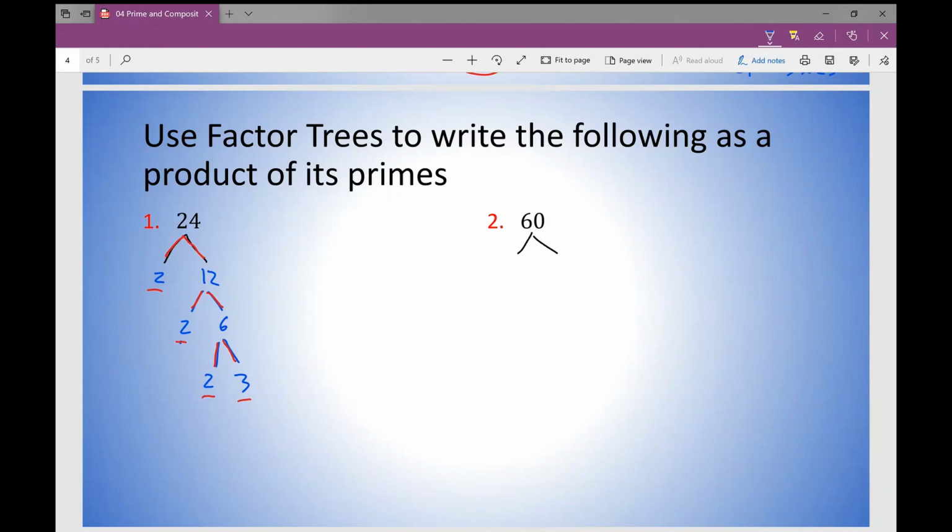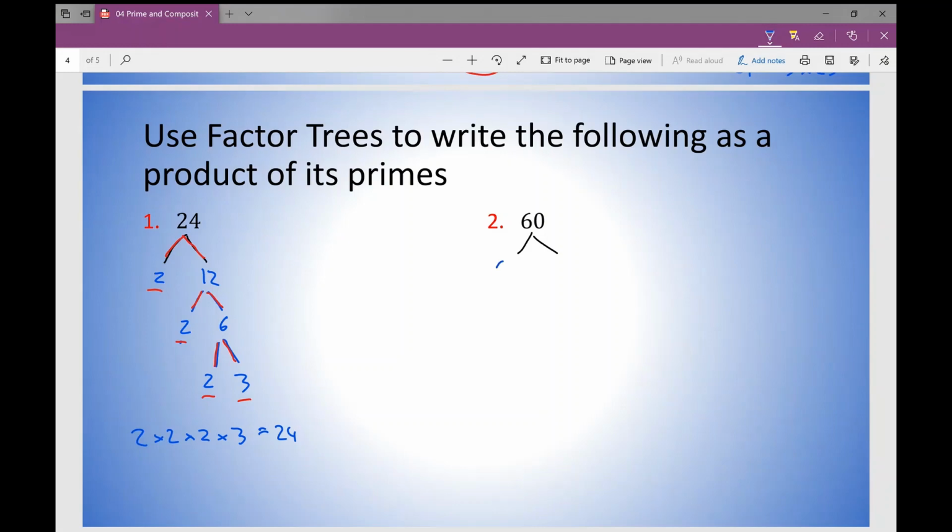So what we've done is we've written down 24 as a product of its primes, because if we get our calculator and we do 2 times 2 times 2 times 3, we'll find that that actually equals 24. I'll show you again what I mean over here with 60.